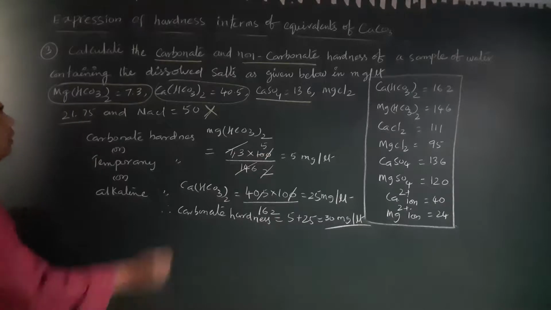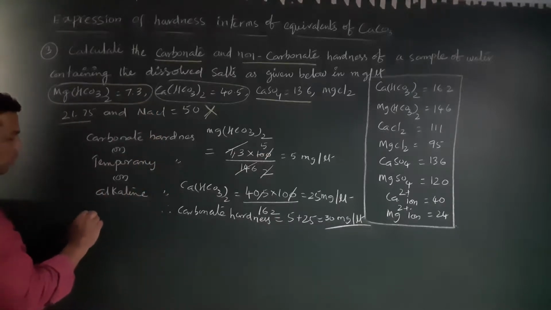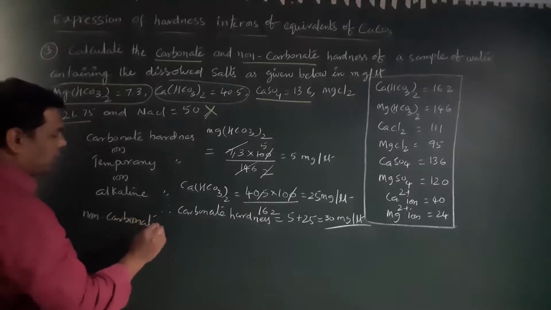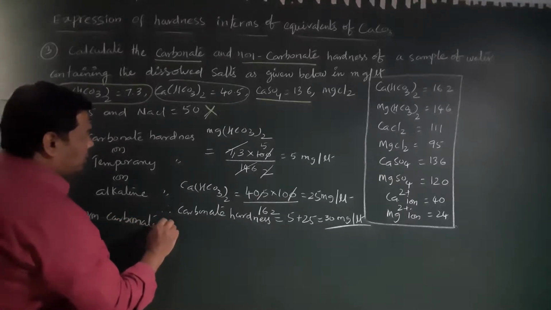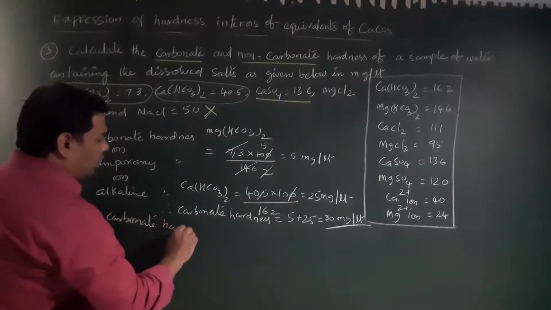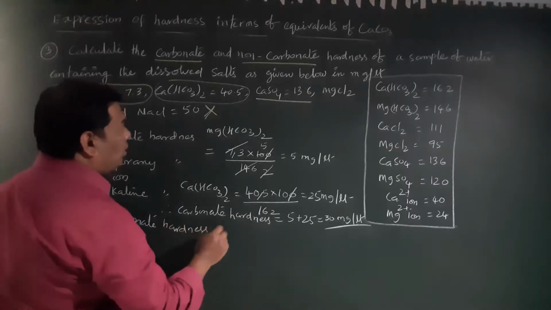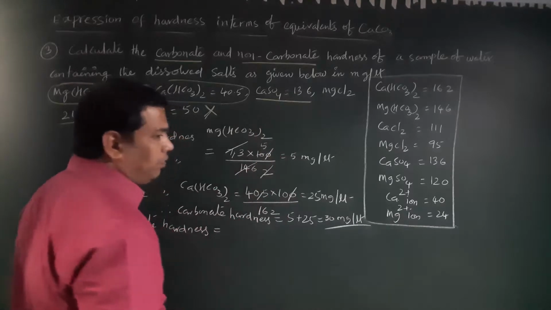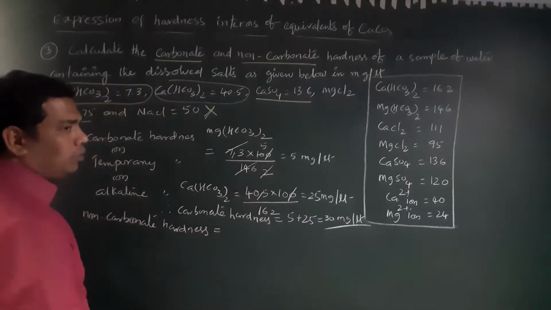Right. Next we will move to non-carbonate hardness. Non-carbonate hardness causing salts are chlorides and sulfates of calcium and magnesium.